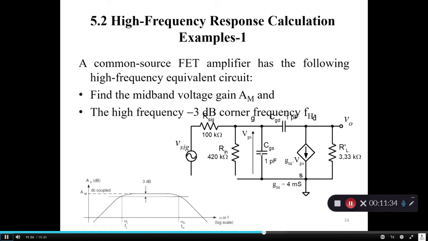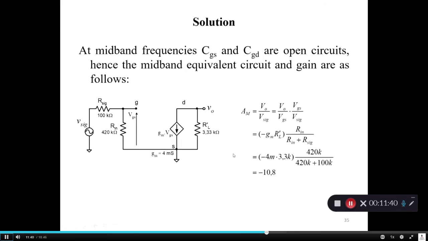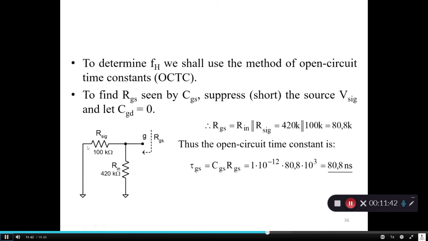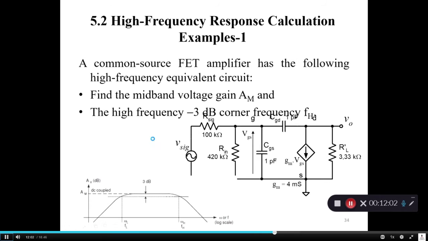The resistance looking from CGS, RGS, is the parallel combination of R signal and R in. This is the parallel combination formula. Values are given to you, so you can find RGS. CGS is given as 1 picofarad.